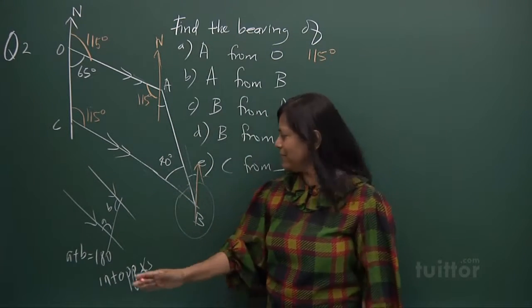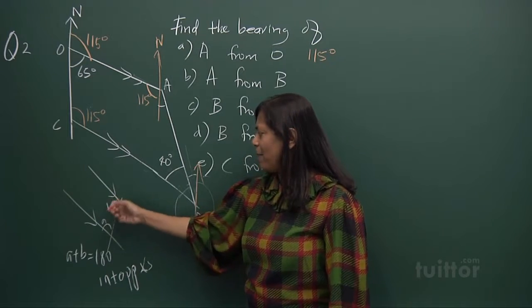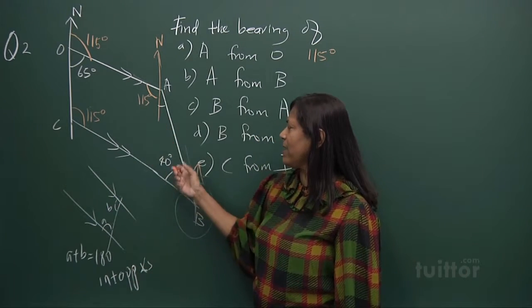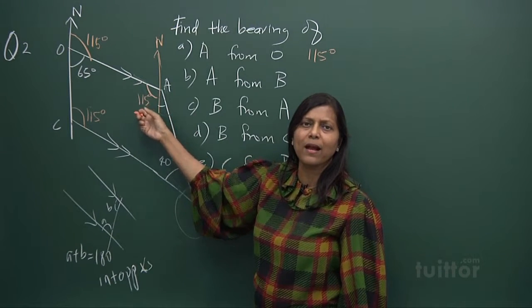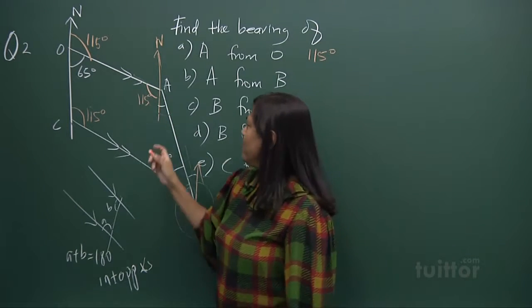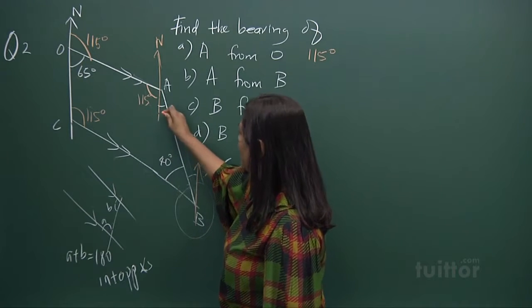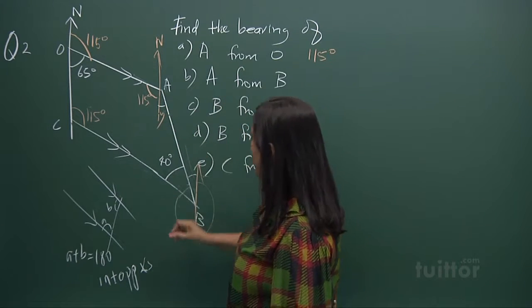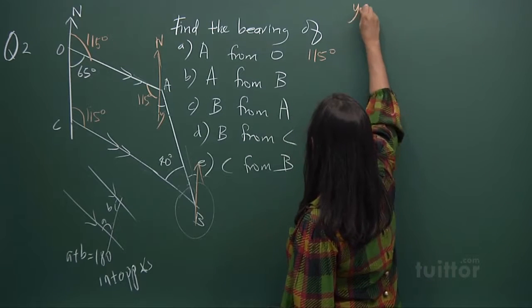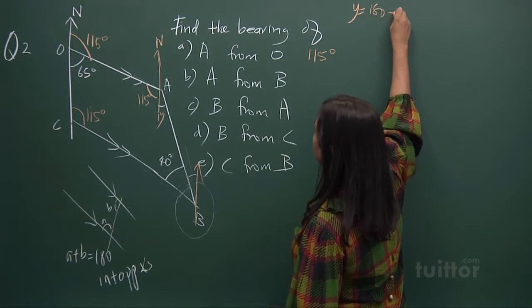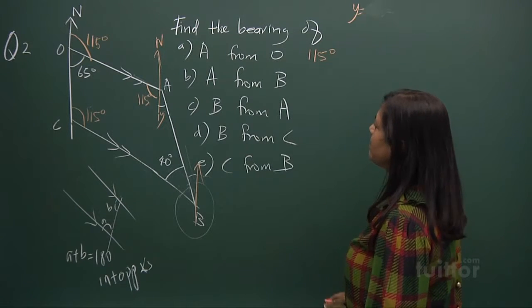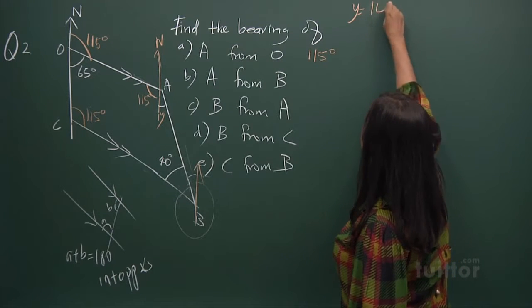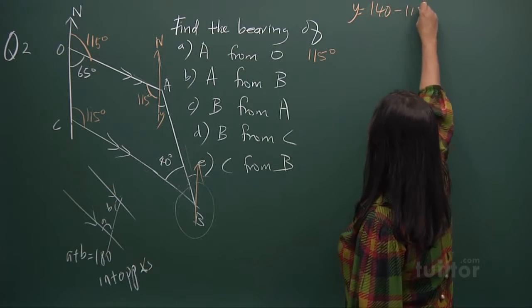You got that, my dear? Interior opposite angles with two lines running. If this has to be 140, here's already 115. This angle here will be Y. Y should be actually 140 minus 115.